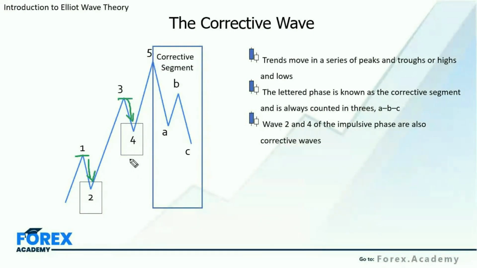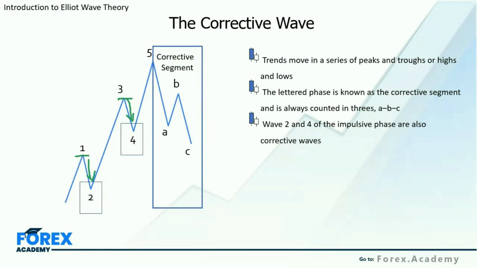So once we satisfy that, we see wave 1, then we see wave 2, we see a push higher at wave 3, we see the pullback at wave 4, then this constitutes the Elliott wave theory, where you make a high at 5, and then you see the reversal in that price action, or the corrective segment, or the corrective wave.